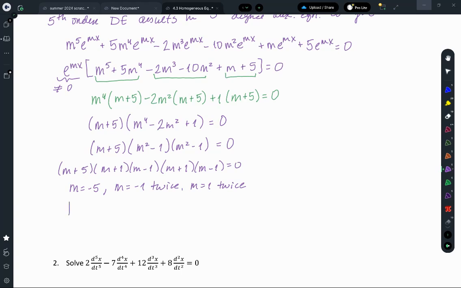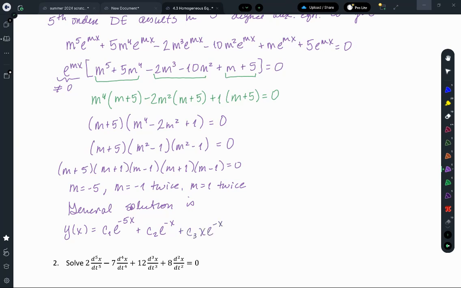So our general solution is y of x equals c1 e to the minus 5x plus c2 e to the minus x, that takes care of m equals minus 1 one time, plus c3x e to the minus x.